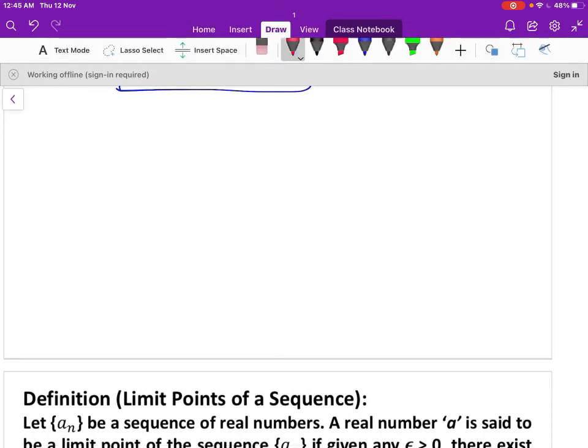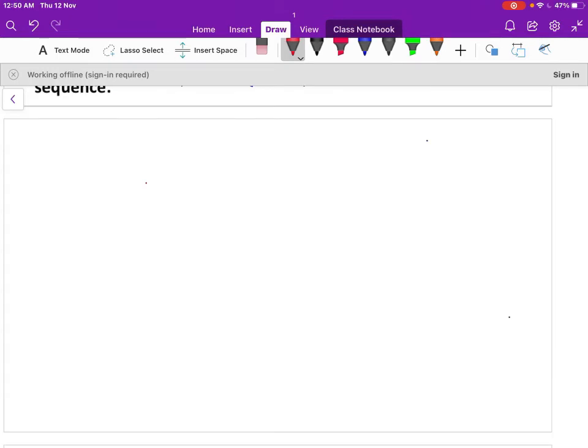Let us take another. Now let us consider an example which is not a convergent sequence. It means it diverges to infinity. Let us take an example.